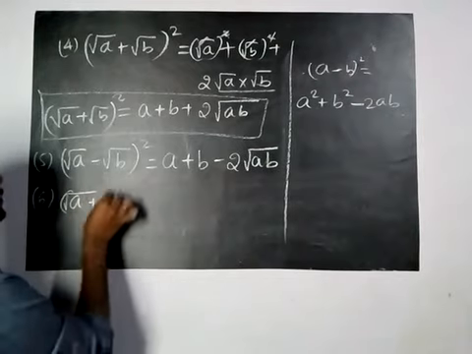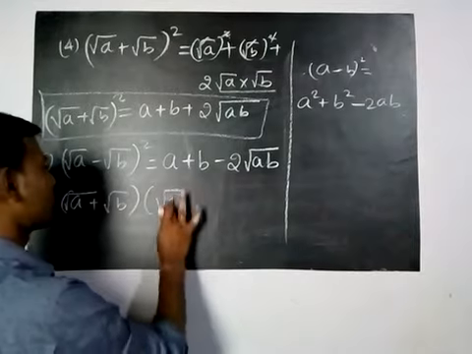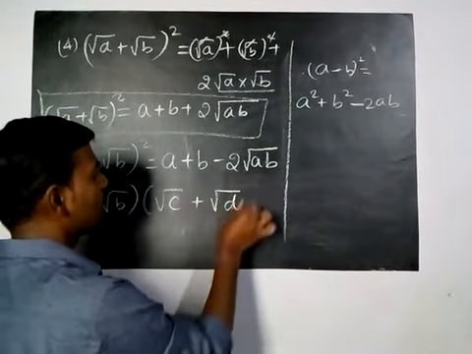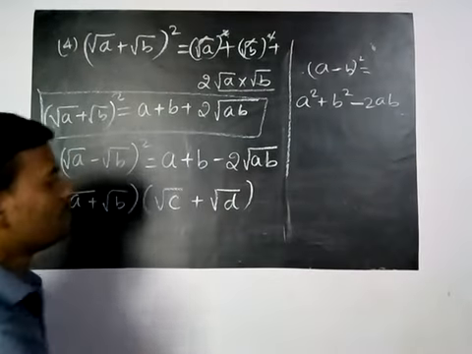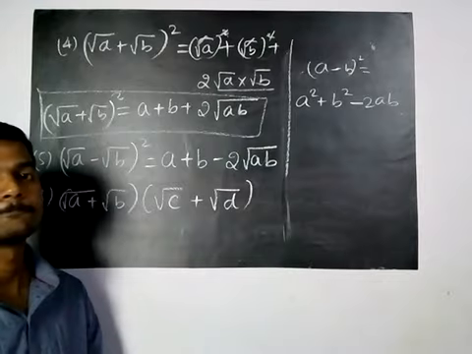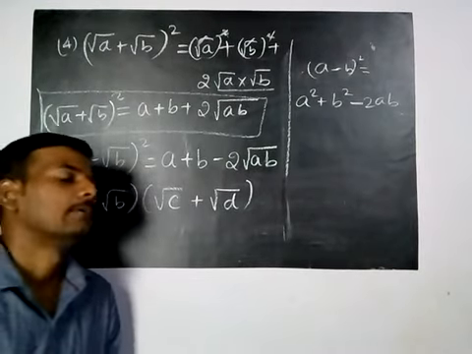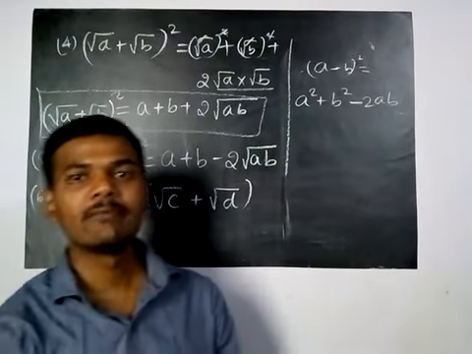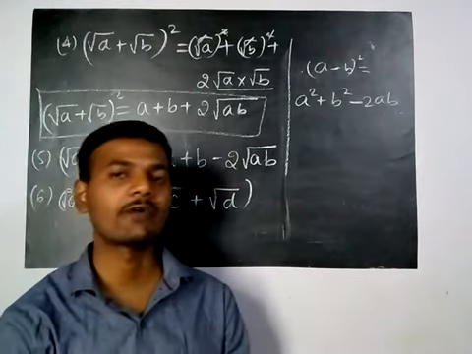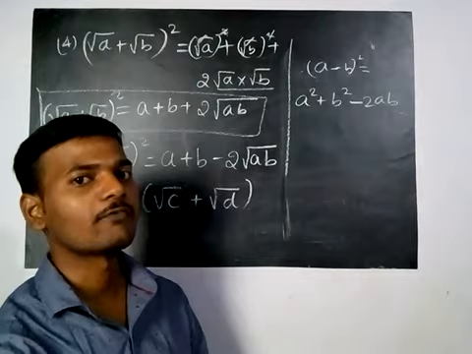One more there: root a plus root b into root c plus root d. Here, what do we have to do? The procedure we followed in multiplication of binomial by binomial, which we already did in the 8th standard, the same procedure we follow here.